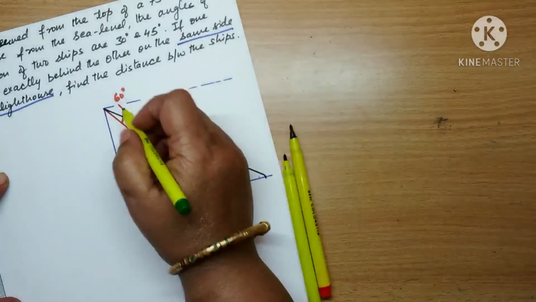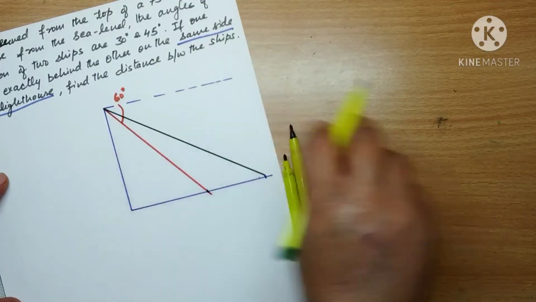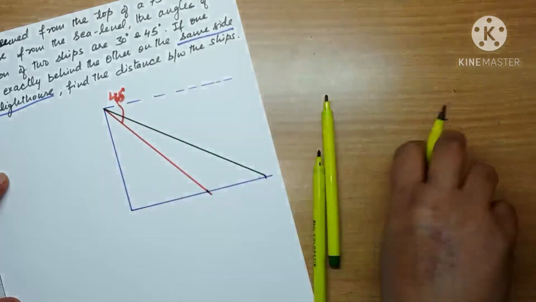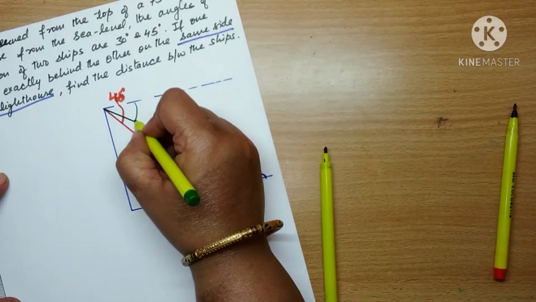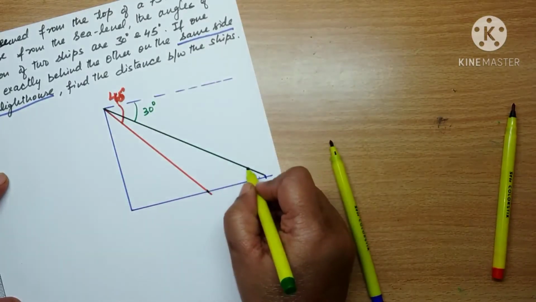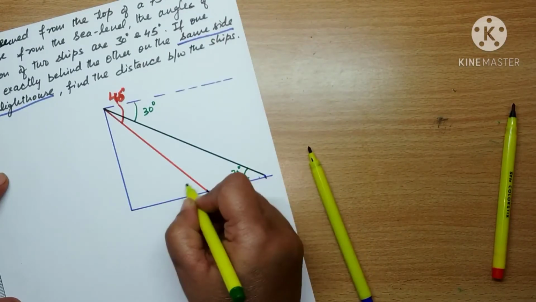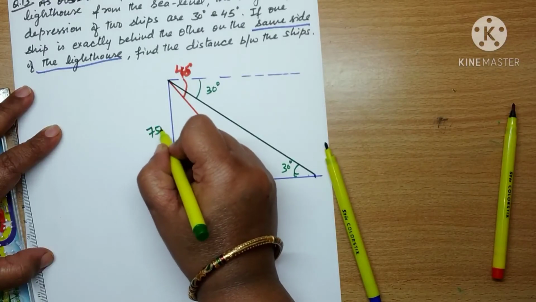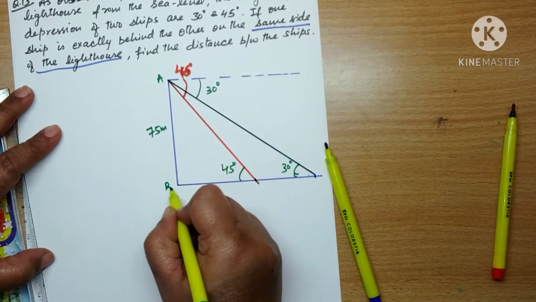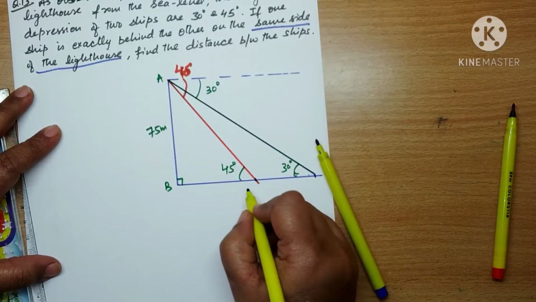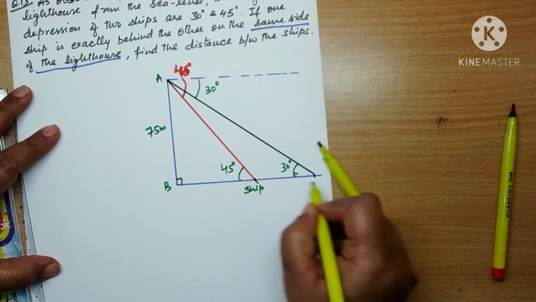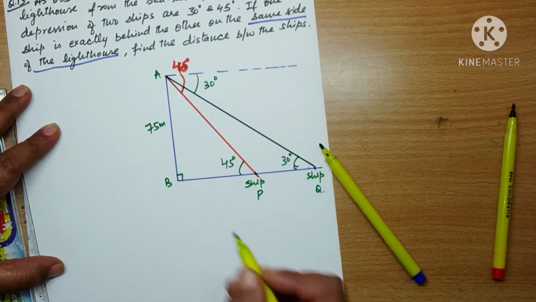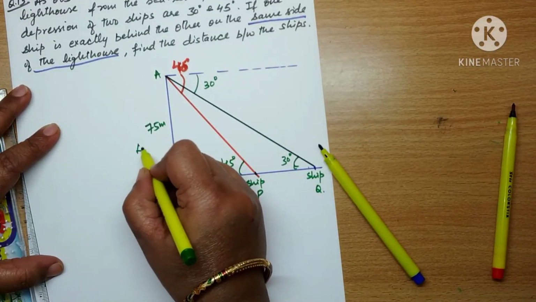With the green one angle is 30 and 45. So the red one is 45 and the green one is 30 degrees. This is a 75-meter high lighthouse. Ship. This is also ship. Let's say the positions to be P and Q. This is lighthouse.